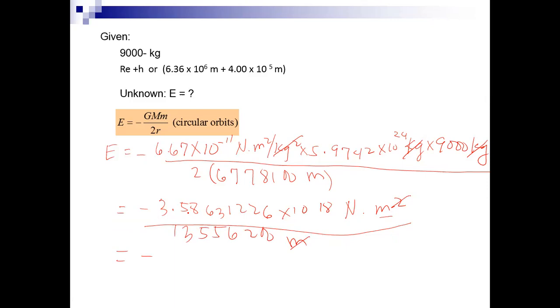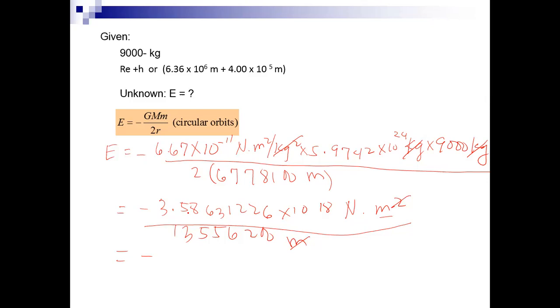Okay, let's divide now. So this is 3.58631226 exponent 18. Divide 13556200. Okay.